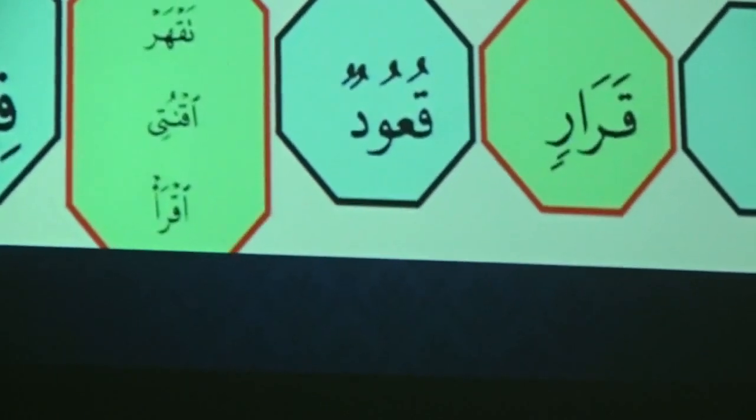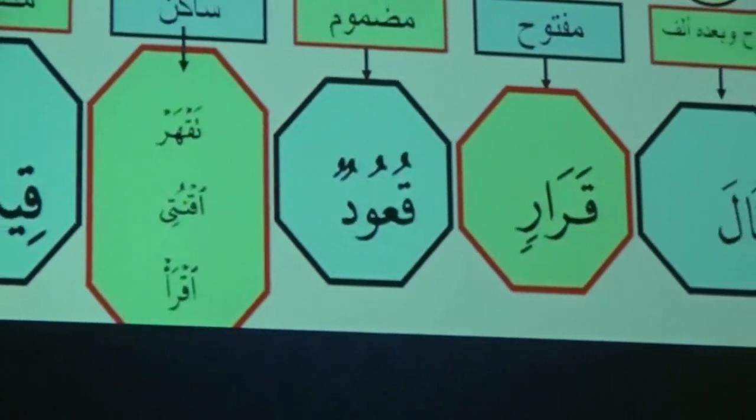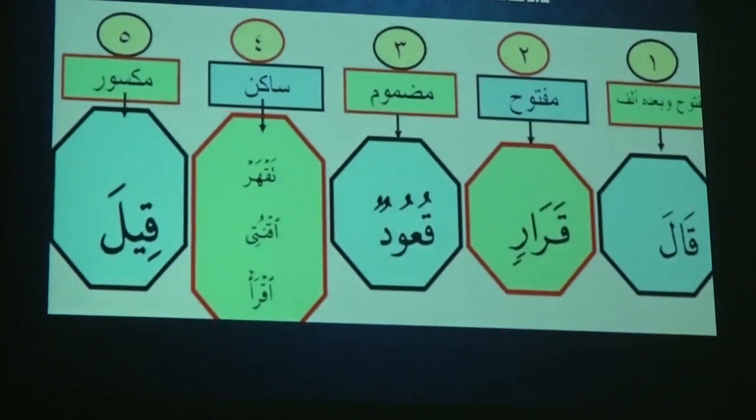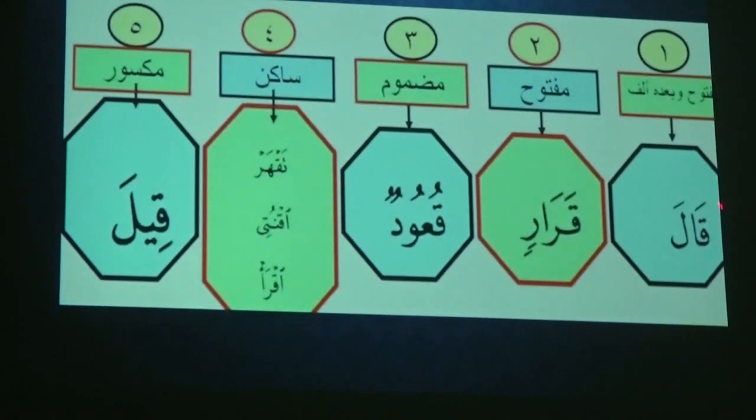And here, these are examples of the levels of tafkhim. We spoke about it a few minutes ago. So we have the example of the word qala, and this is the strongest form of tafkhim, when the letter of isti'la has a fatha and there's alif after it. And the second state of strength is when the letter of isti'la, in this case a qaf, has a fatha and there is no alif after it.